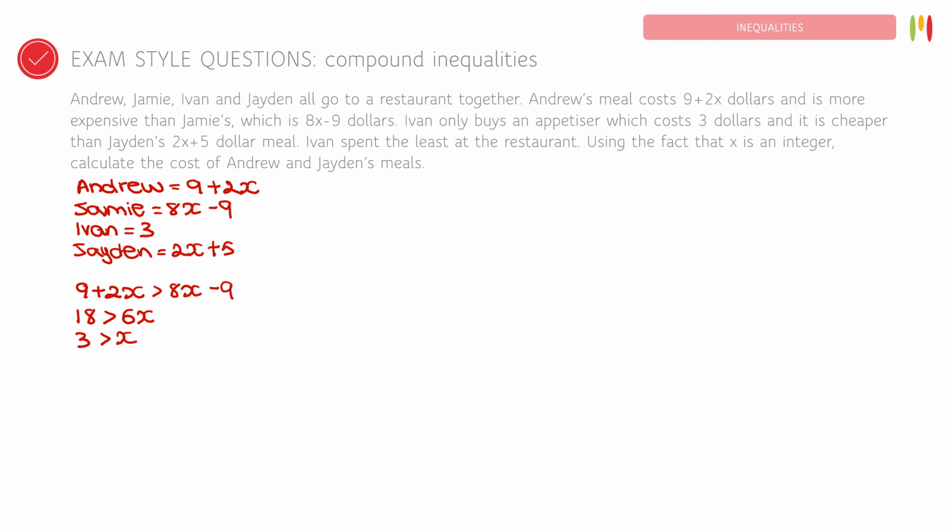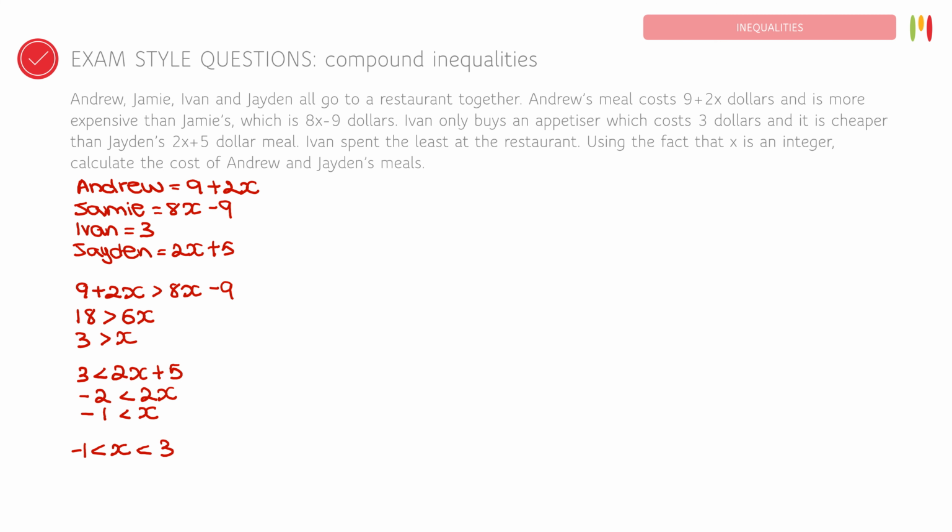Therefore 3 is less than 2x plus 5. Therefore minus 2 is less than 2x. So minus 1 is less than x. Now if we combine both these inequalities, we know that x is between minus 1 and 3.